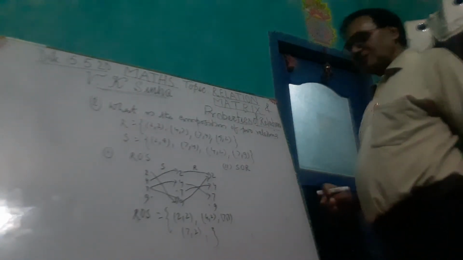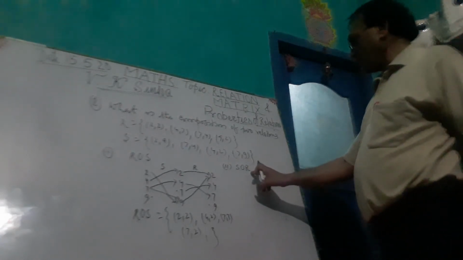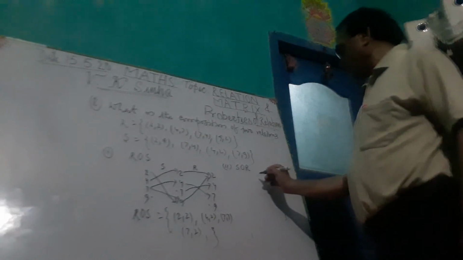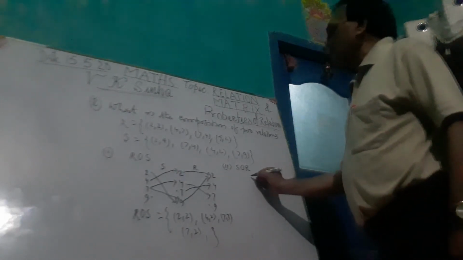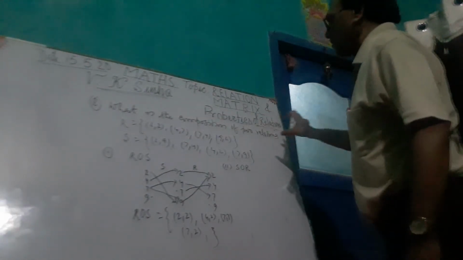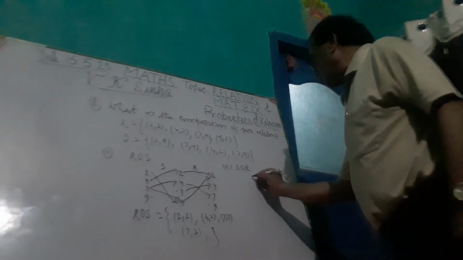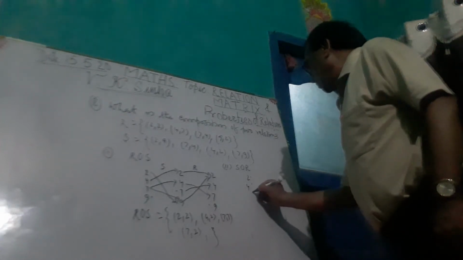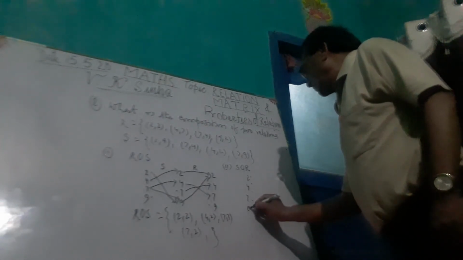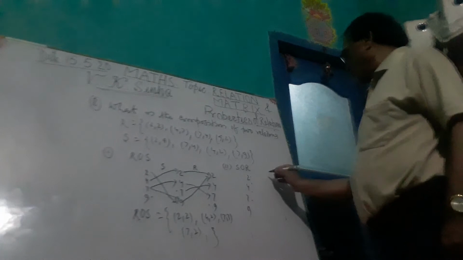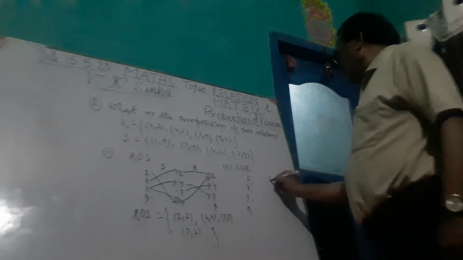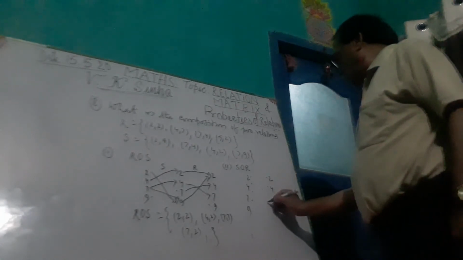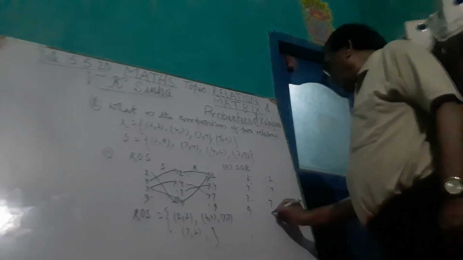Now we write similarly the relation SOR. How can we write this? For SOR, all the elements are 2, 4, 7 and 9. So write this: 2, 4, 7 and 9.